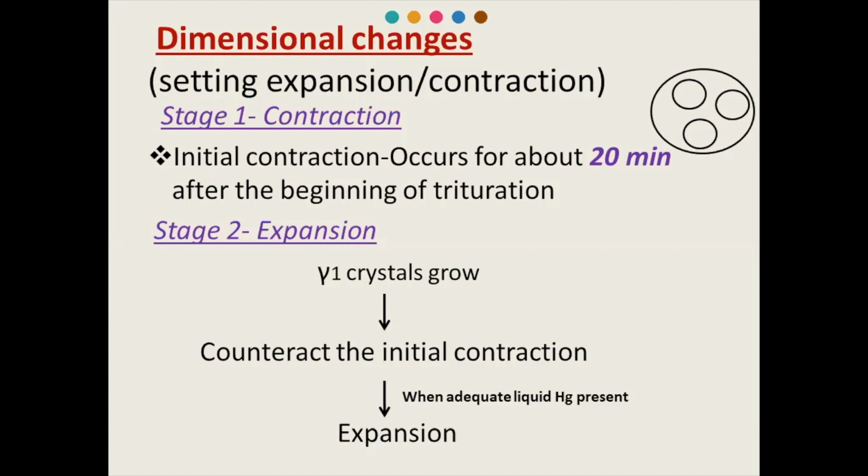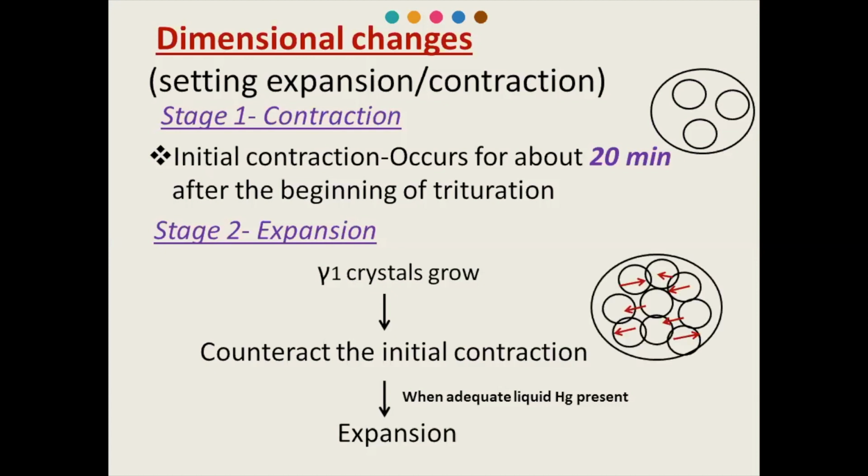Now this contraction continues as long as there is growth of the gamma 1 phases. As the gamma 1 crystals grow, they start to impinge on each other, and they cause outward pressure. Because of this outward pressure, they counteract the initial contraction, and an expansion occurs.